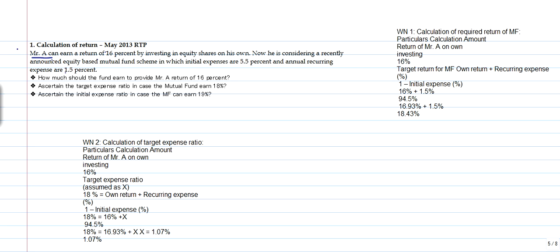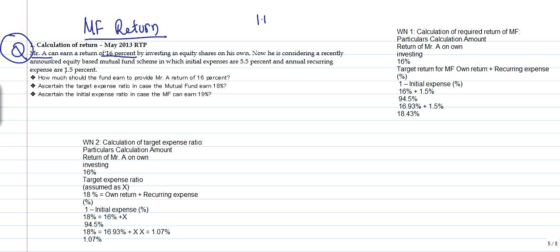Mr. A, this is a question with regard to mutual fund return. Mr. A can earn a return of 16% by investing in equity shares on his own. Now he is considering a recently announced equity based mutual fund scheme in which initial expense is 5.5% and annual recurring expense 1.5%.